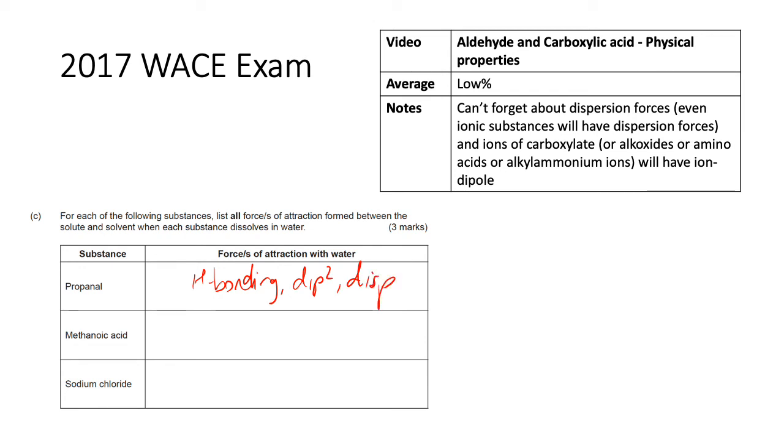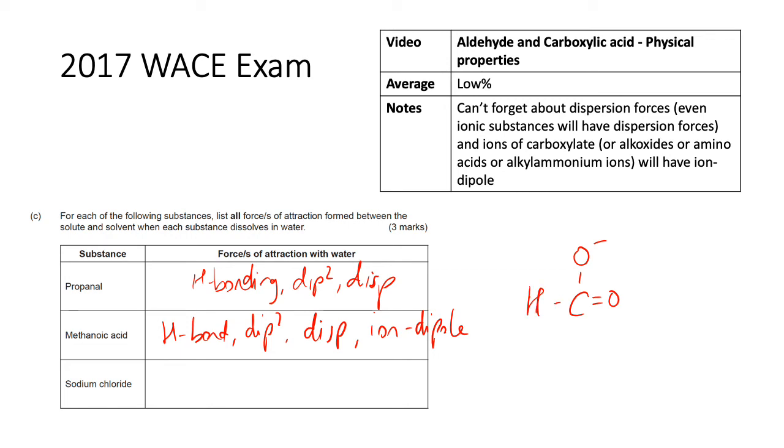Methanoic acid: you're going to have H bonding, dipole, and dispersion forces. Now this one here was a bit weird. It also had ion dipole, and that's the idea: when you have methanoic acid, you're going to have methanoate ions present, and that's a weird way to draw methanoate ions.